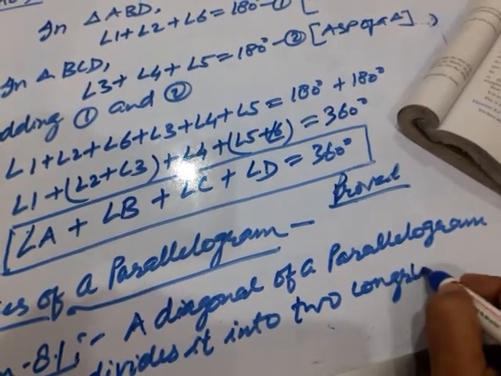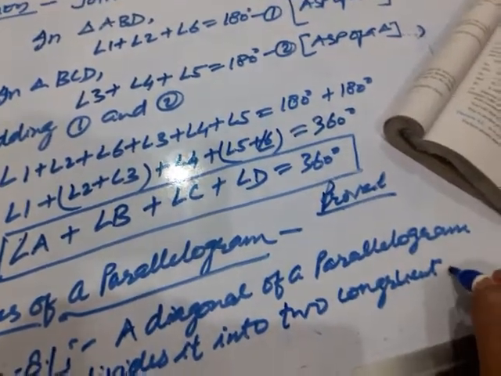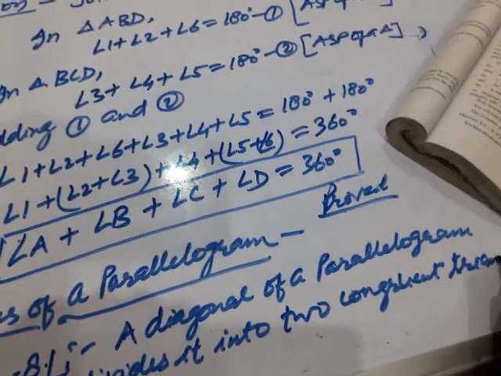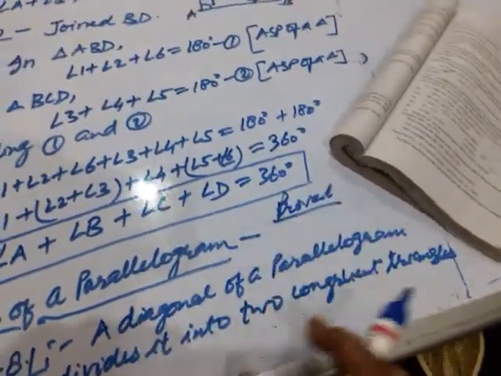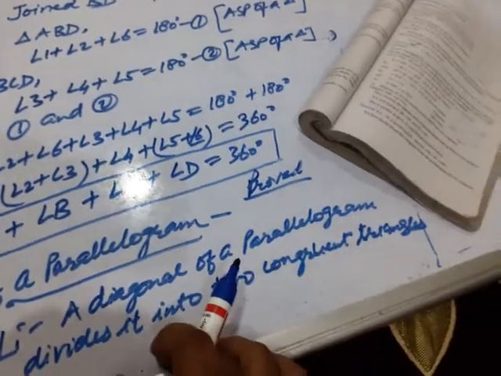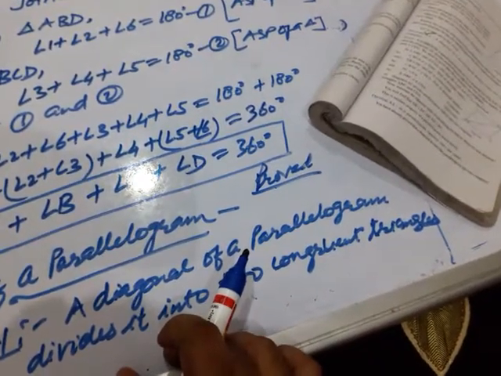Two congruent triangles. Okay, children, what is the theorem? The diagonal of a parallelogram divides it into two congruent triangles.